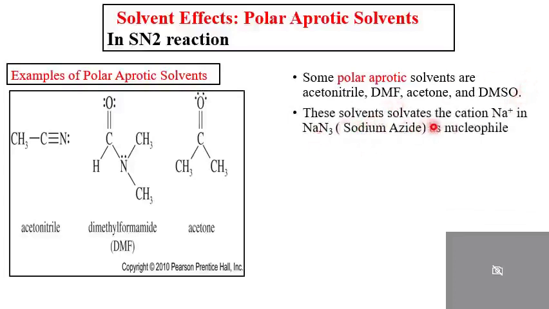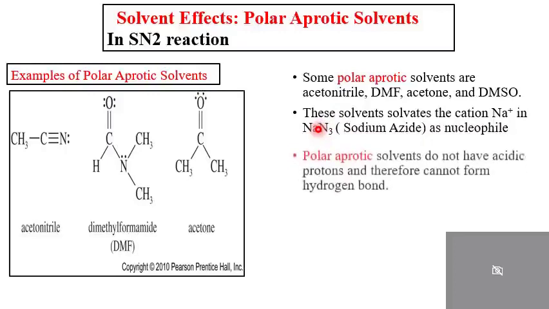This solvent solvates the cation of the nucleophile, Na positive. Suppose you are taking the nucleophile as sodium azide, Na positive and N3 negative. Here N3 negative is the nucleophile. Therefore, N3 negative, the nucleophile, is free, and the solvent only solvates the Na positive. It doesn't solvate the N3 because a proton is not there.